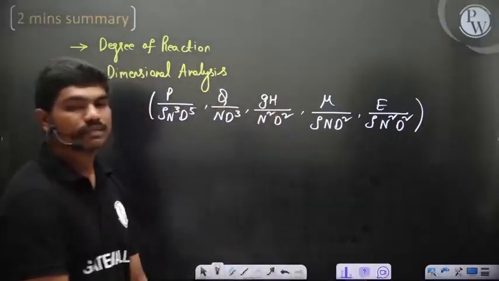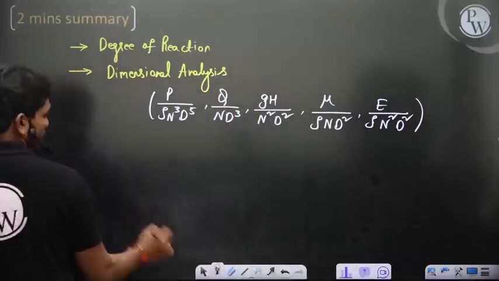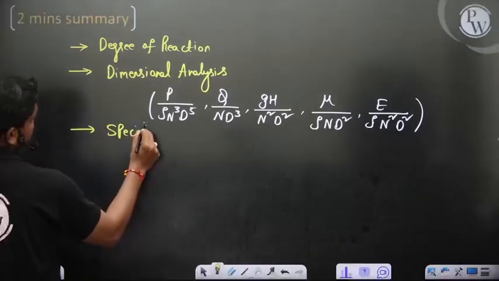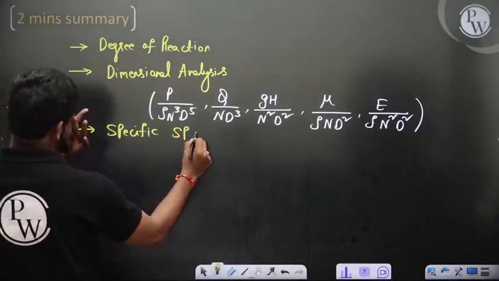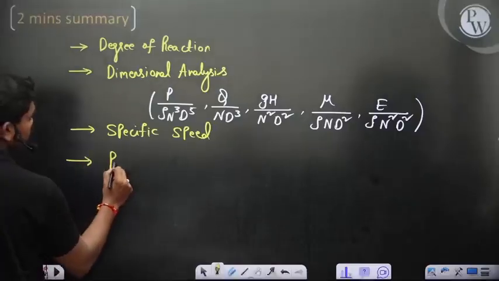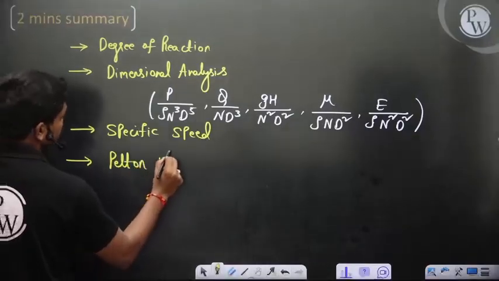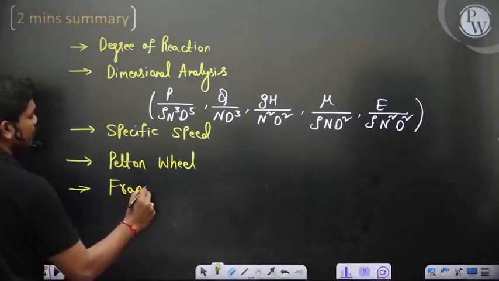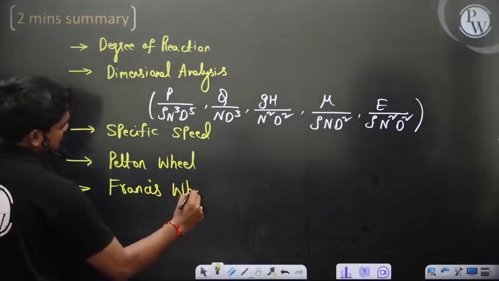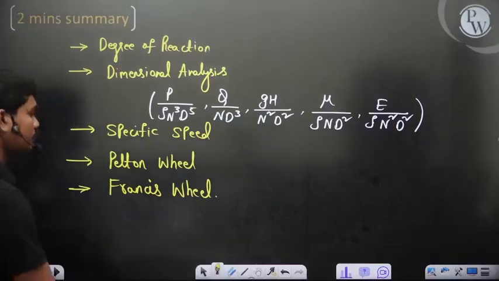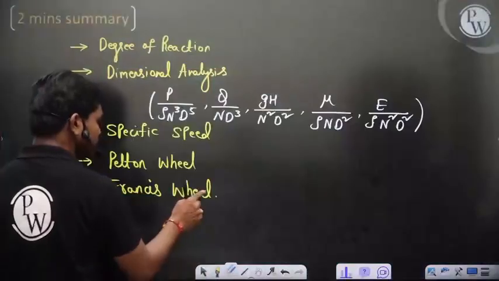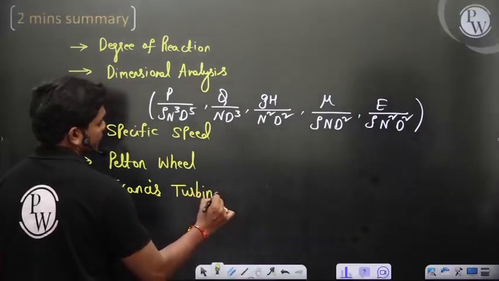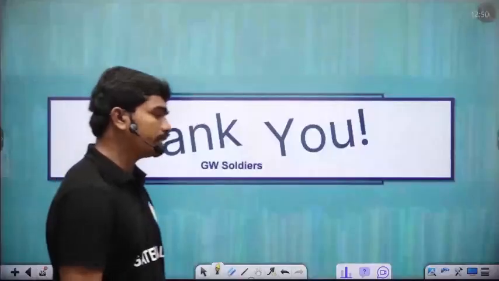These are the 5 dimensionless numbers which are very effective for any turbo machine. Then we have looked at the concept of specific speed a bit. Then we have seen the Pelton wheel and Francis runner, or Francis turbine. So these are the things we have seen in today's class.